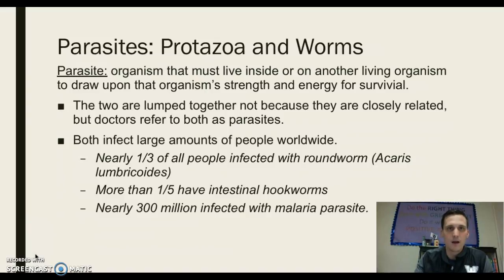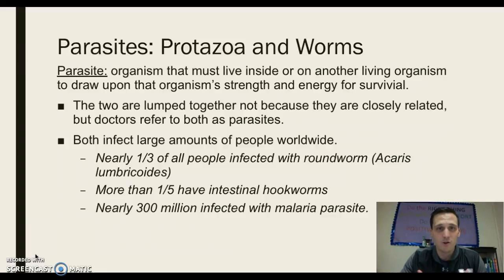Parasites are broken down into two different categories: protozoa and worms. Lumping them together, parasites are organisms that must live inside or on another living organism, so they're not going to survive on their own. They draw upon that organism's strength and energy. The two are lumped together not because they're closely related, but because doctors refer to both protozoa and worms as parasites.